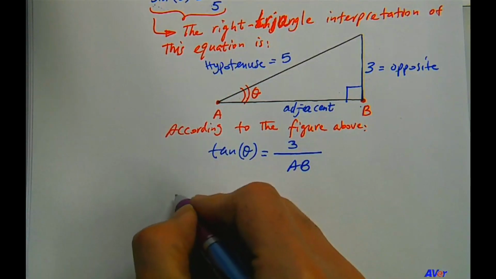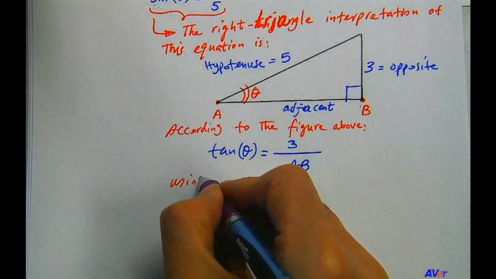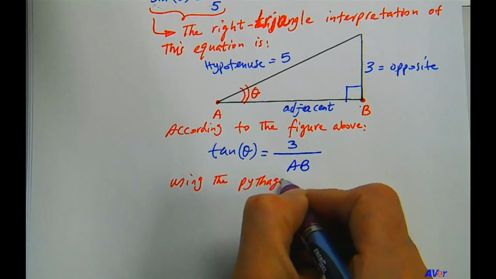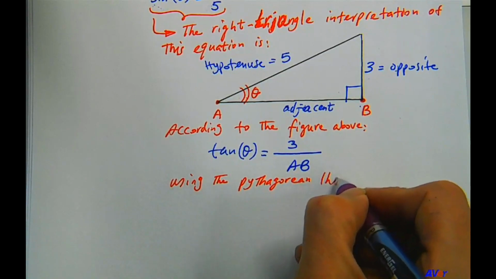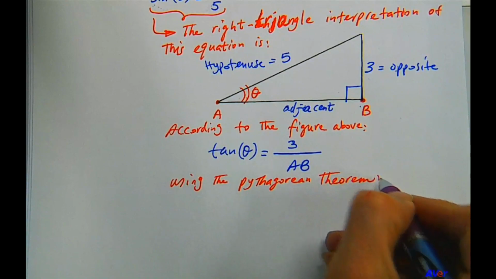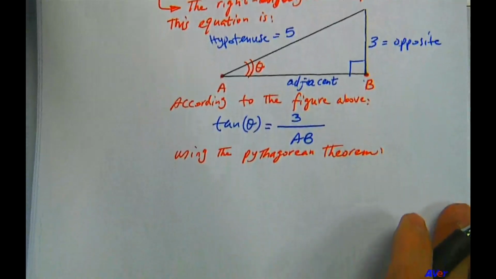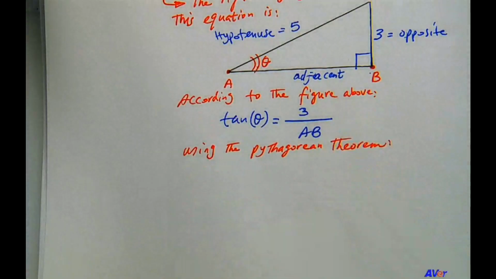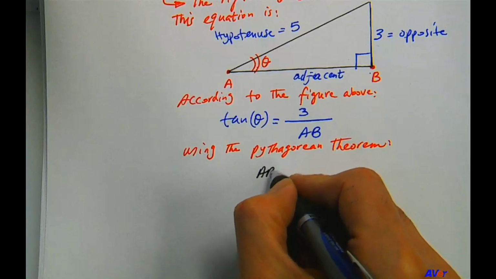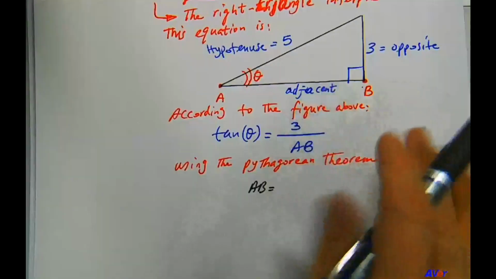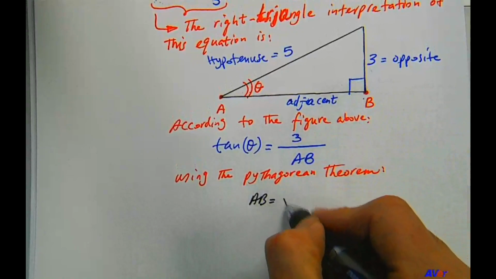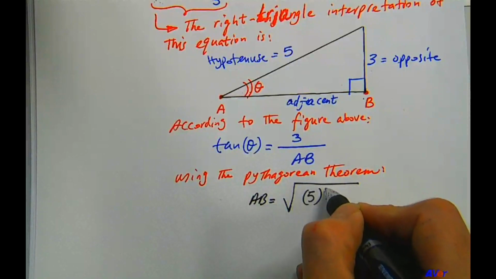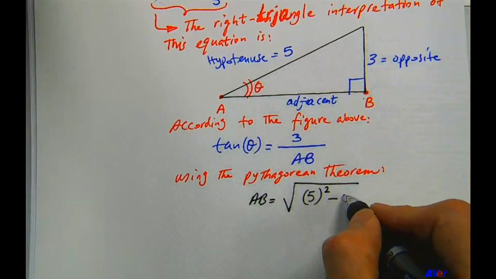So using the Pythagorean theorem, we know what AB is equal to, right? So AB, that's the base here, is equal to the square root of the hypotenuse squared minus this side squared.